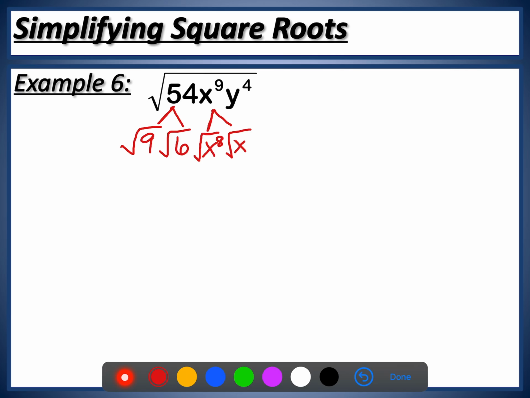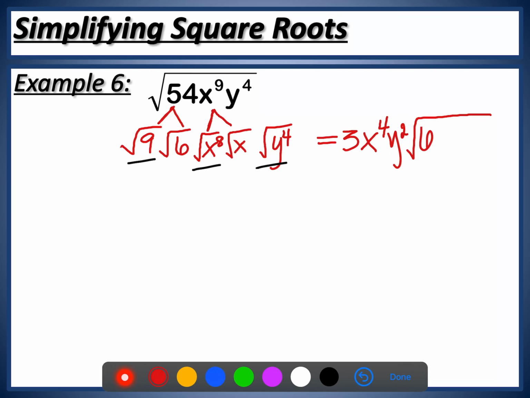Okay, and y to the 4th is already an even number, so there's no reason to change that in any way. Okay, so we only take out the ones that have perfect squares. So it becomes 3, x to the 4th, we divide by 2, y squared, we divide by 2, and then all of those other radicals remain inside as the leftover.